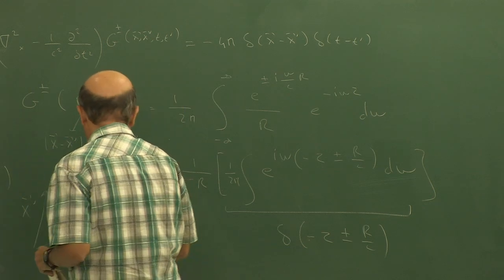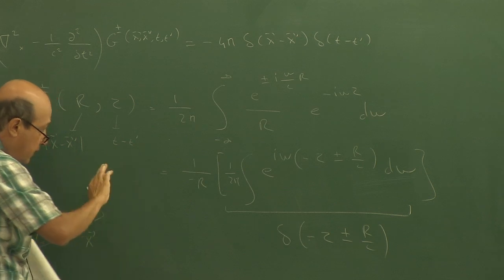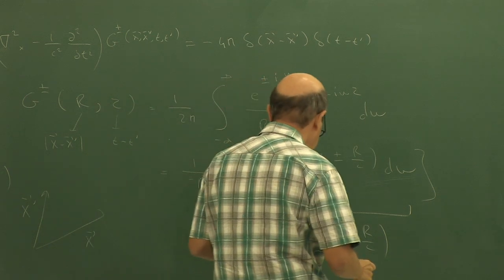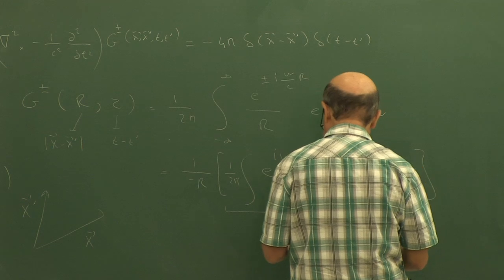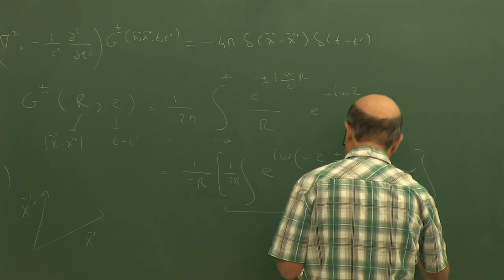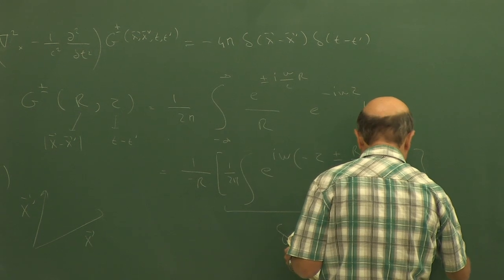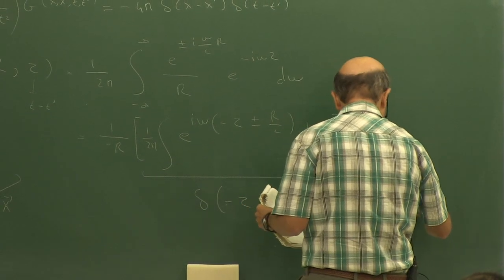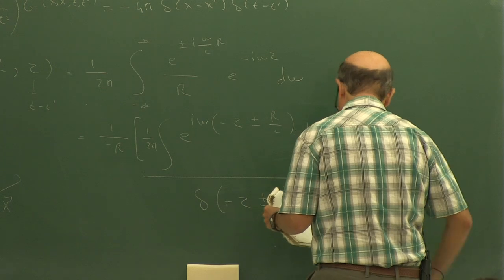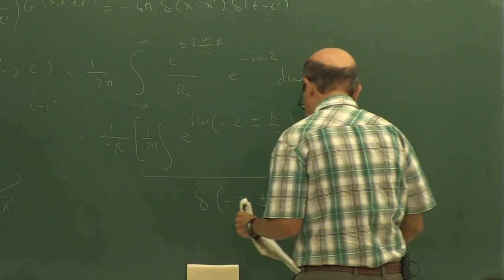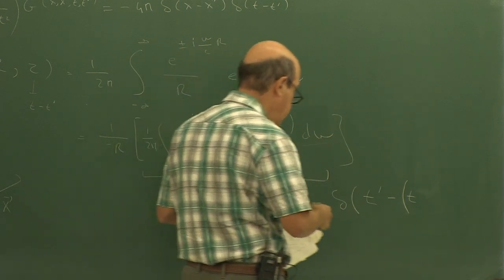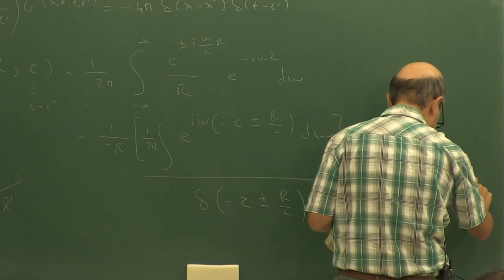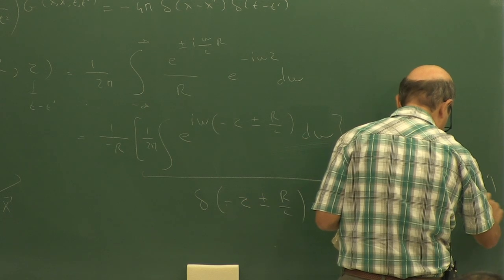And tau is t minus t prime, therefore minus tau is equal to t prime minus t, and altogether this turns out to be a delta function of t prime minus t. Take the minus parenthesis, and the rest, plus minus, turns to be minus plus r over c, where r is the magnitude of x minus x prime.